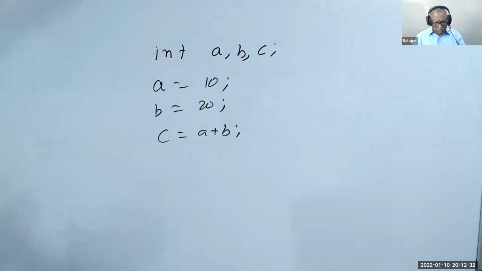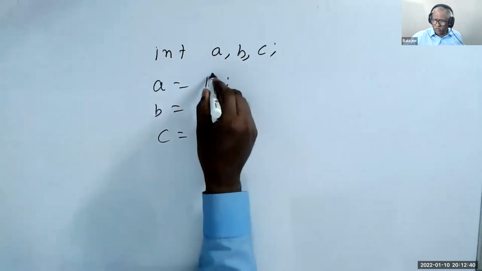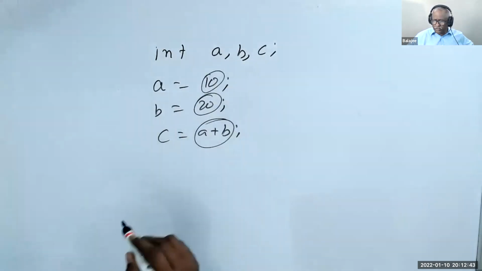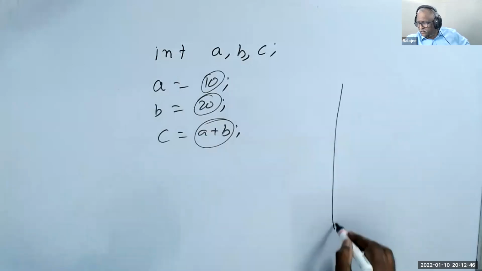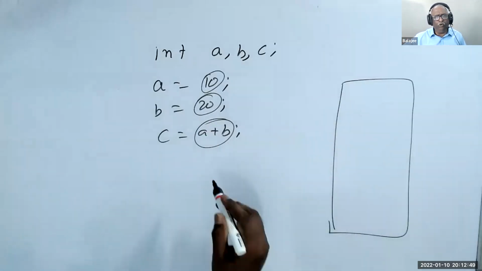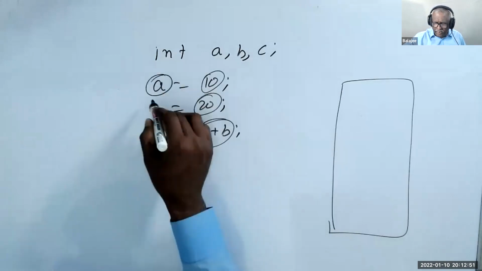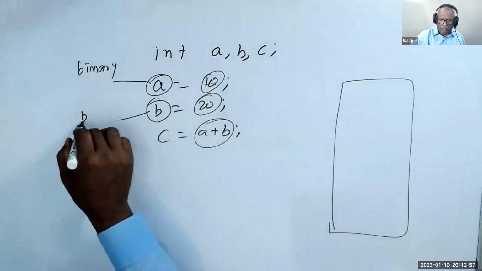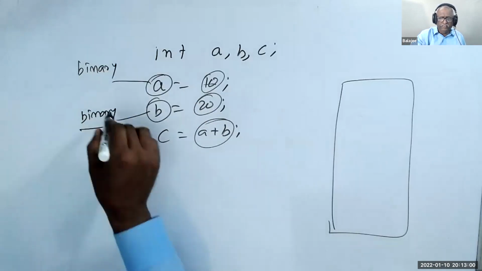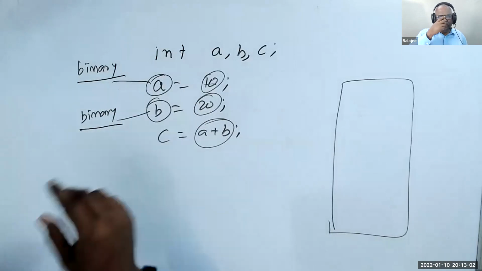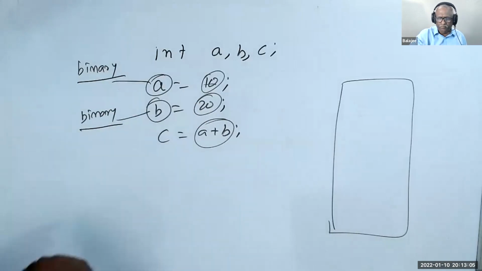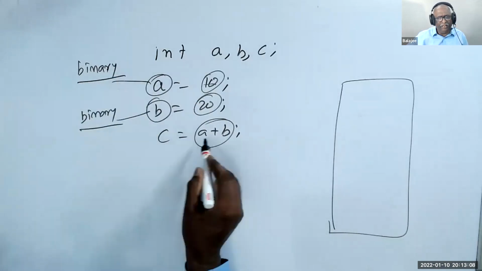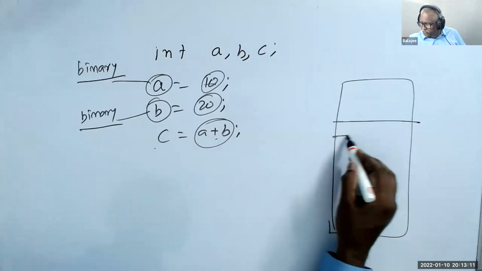Everything is decimal, so you will say immediately 30. But the beauty is the moment you say A and B, this is binary. Please understand, this is no more decimal. So when you add them, you are adding binary to binary.